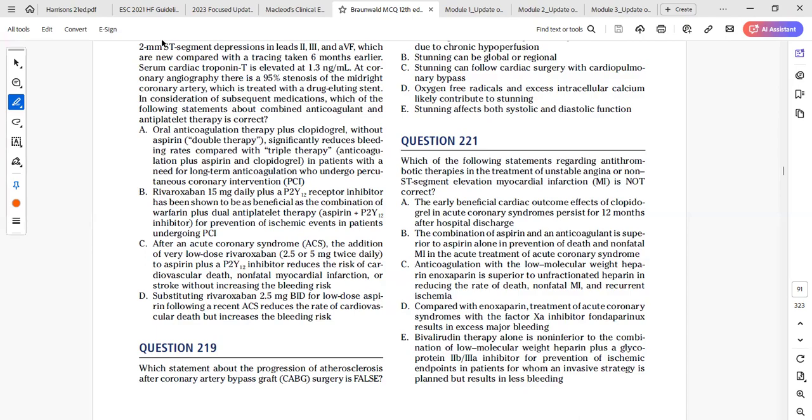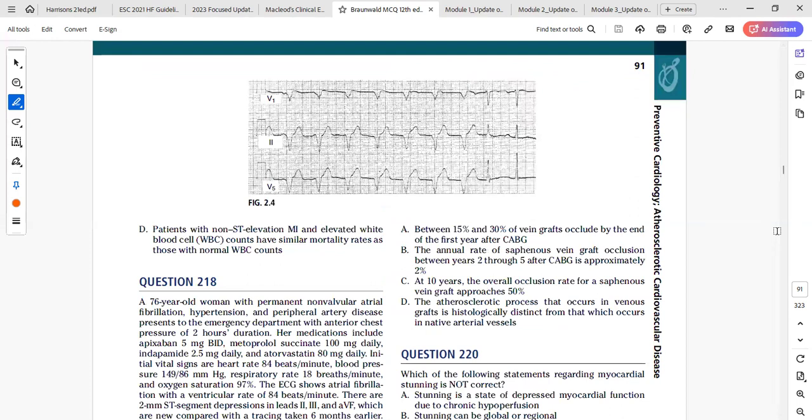So question 219. Which statement about the progression of atherosclerosis after coronary artery bypass graft surgery is false? A, between 15 and 30% of vein grafts occlude by the end of the first year after CABG.